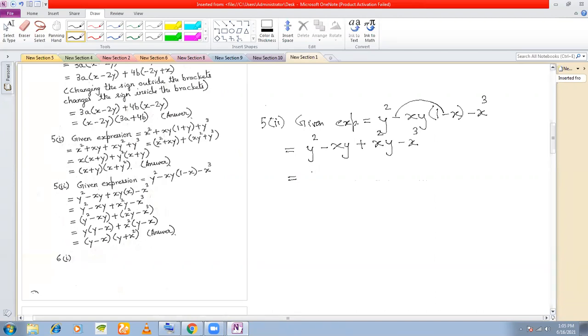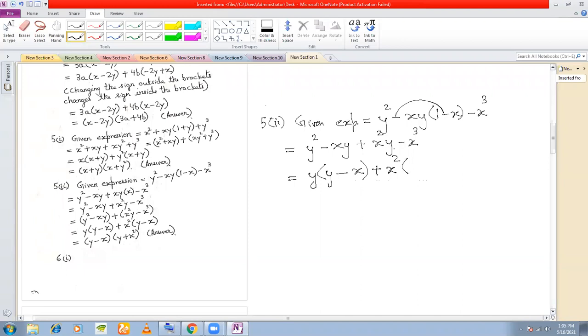Now we try the first and the second, third and the fourth. Between the first and the second, you see y square and y, you can take out a y. So you are left with y square by y, which is y. Minus, from xy, you are taking out y, you're left with an x. Plus, you have x square and x cube. The HCF is x square. You take out x square. What are you left with?